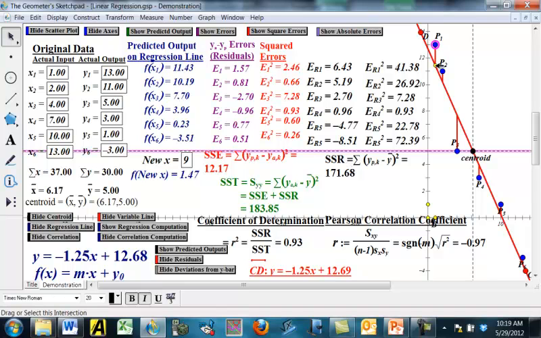SSR is taking the Y values along the line, the predicted Y's, taking their differences from Y bar, squaring those and adding them up. And we're doing a ratio of those. So notice that you always get something between 0 and 1.